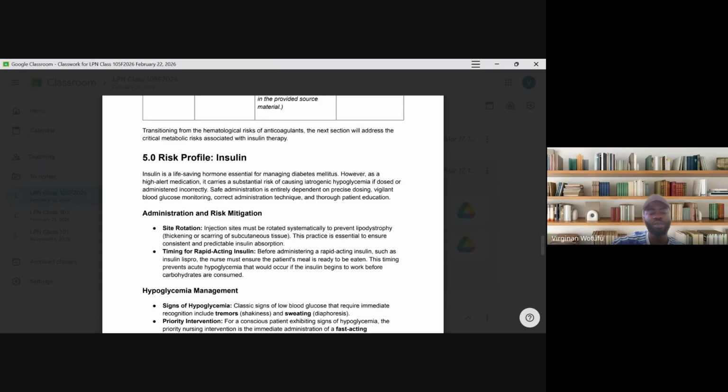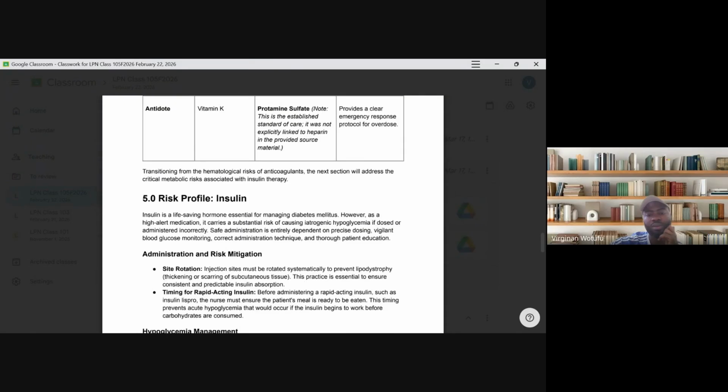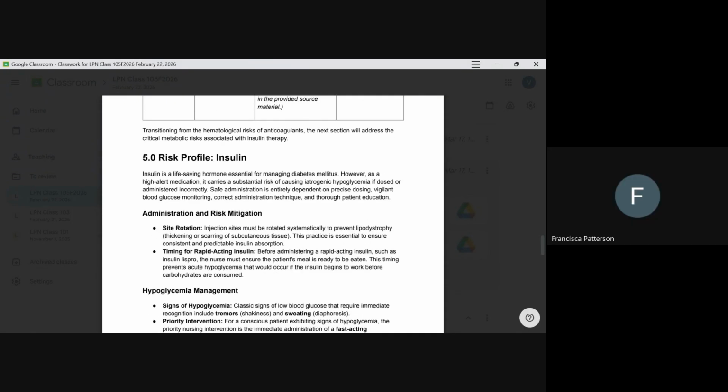So in case we encounter a situation of hypoglycemia, how do we expect to manage it? How will we manage a case of hypoglycemia? Let me try.